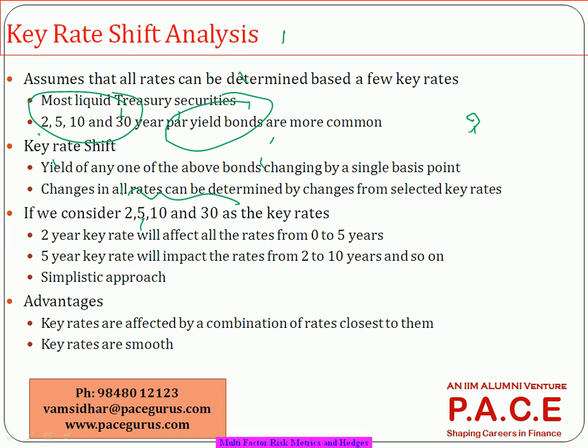We have considered 2, 5, 10 and 30 years, right? We did not consider 3, 4, we did not consider all the spaces.